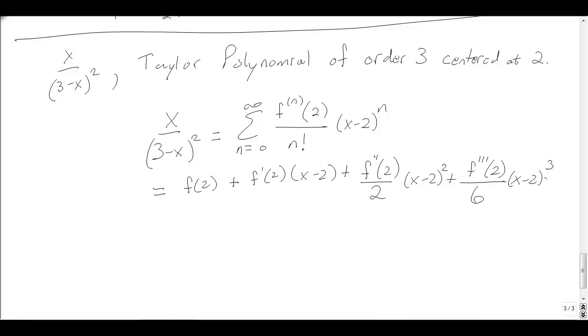So essentially you can get this Taylor polynomial of order 3 by taking the previous series, but you take derivatives evaluated at different points and you replace x with x minus 2.